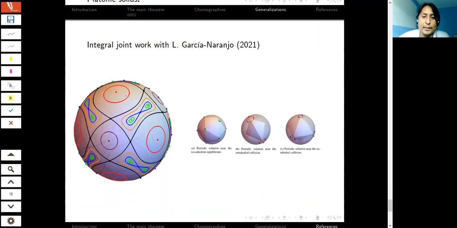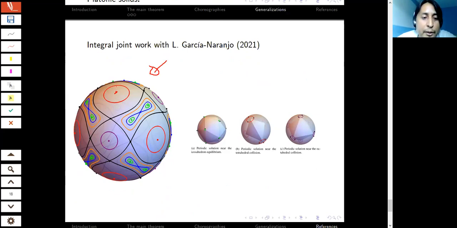So in this case, this is for 12 vortices taking a tetrahedral group. What you see here is the reduced system for only one of the vortices. For example, this red point represents the tetrahedron, where you have triplet collisions at each one of the points.